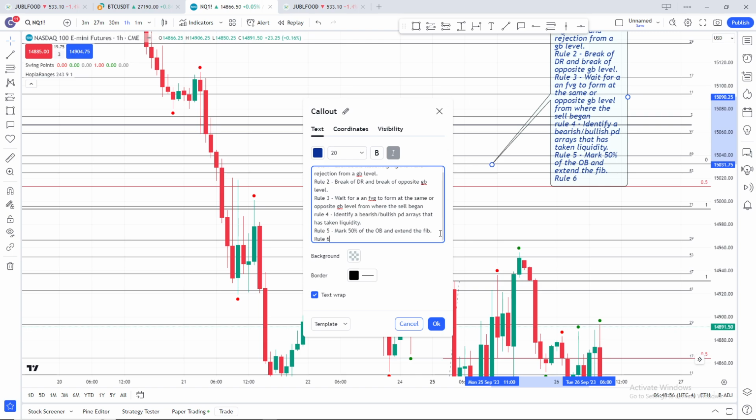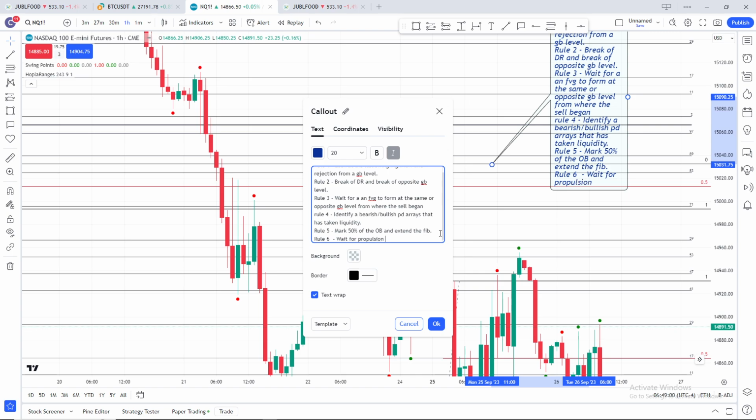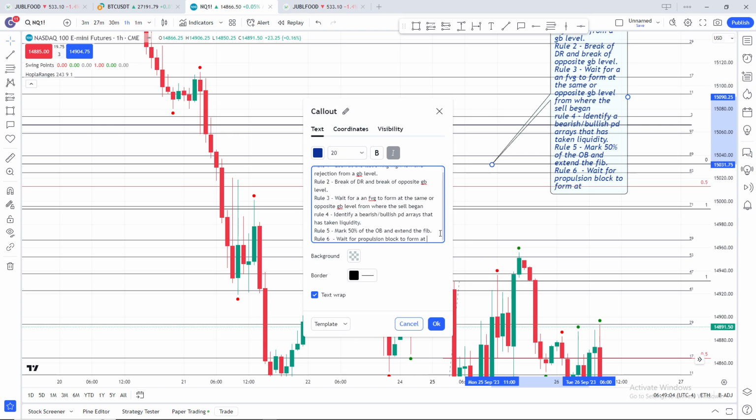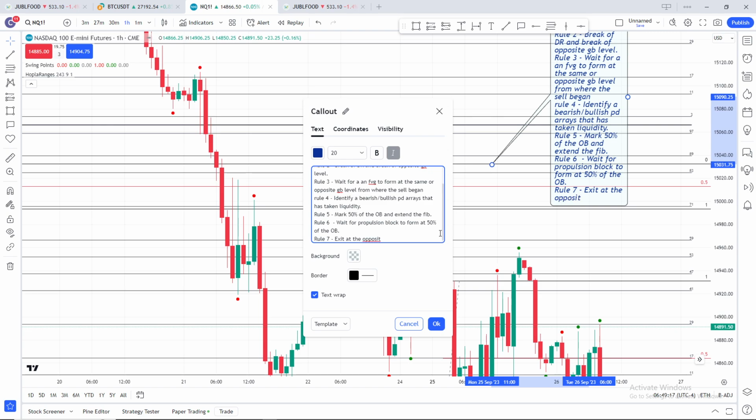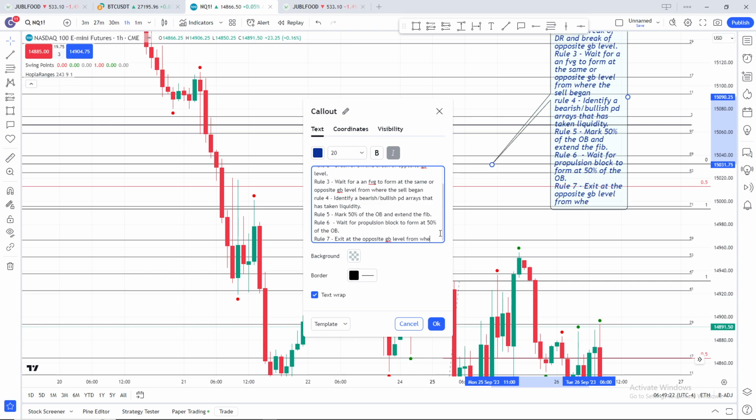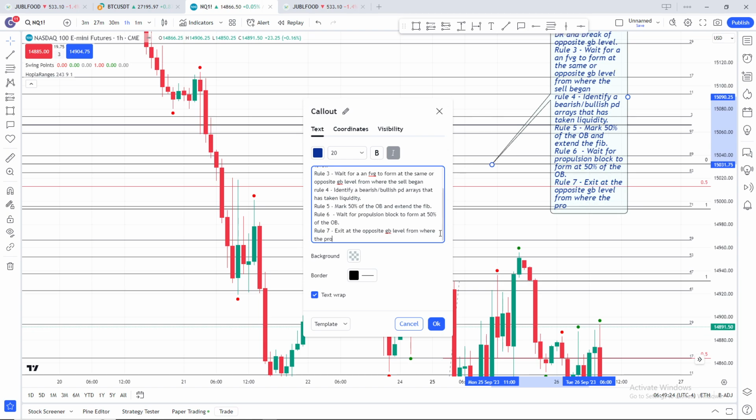Rule number six: wait for a propulsion block to form at 50% of the OB. Rule 7: exit at the opposite GB level from where the propulsion block rejected from.